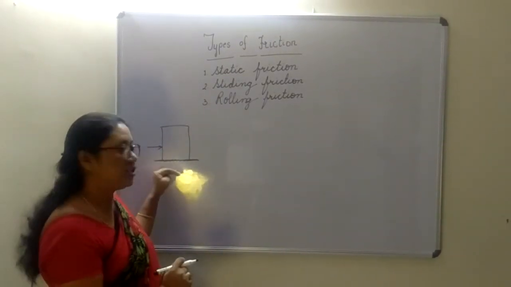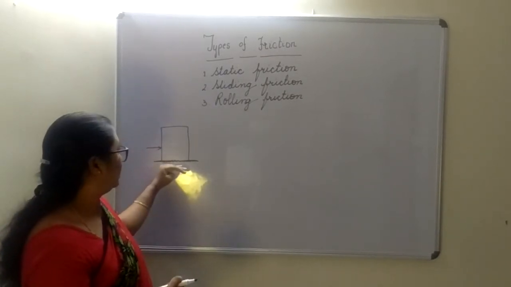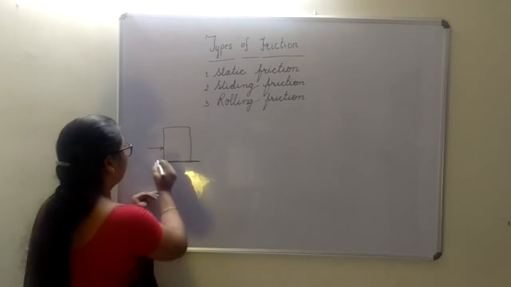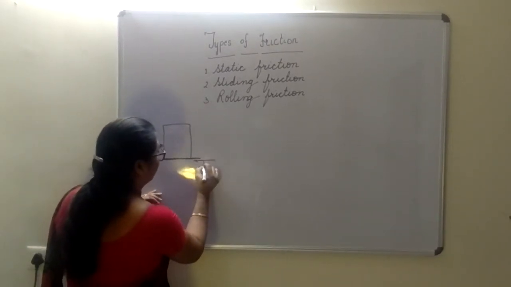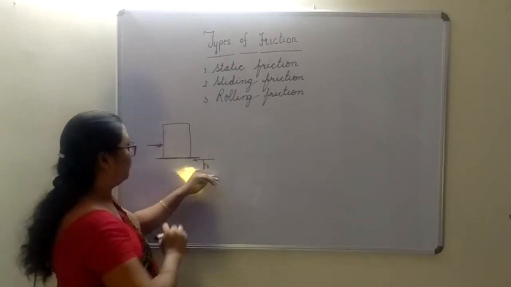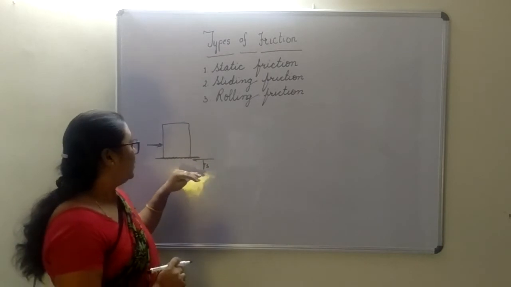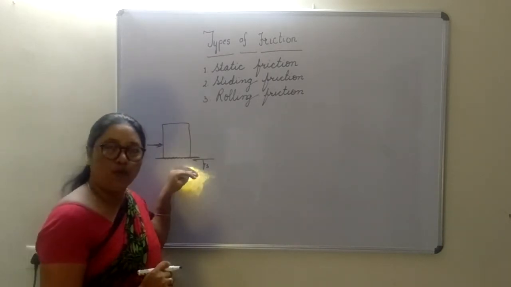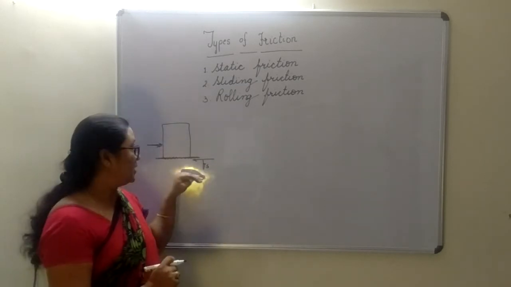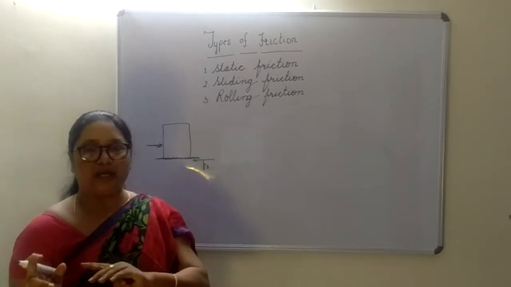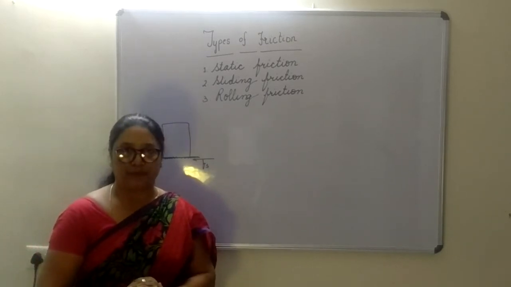So initially we need a lot of effort to move an object. When this force is applied from here, one resistive force is acting from here, that is static friction. Okay, so the moment this box starts sliding, this static friction becomes the sliding friction. Here the sliding friction comes into the picture.